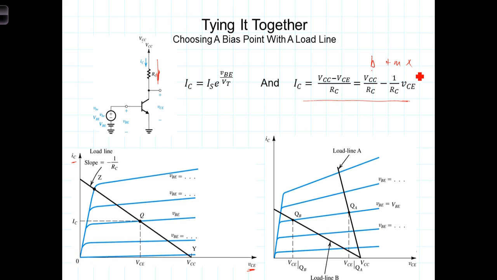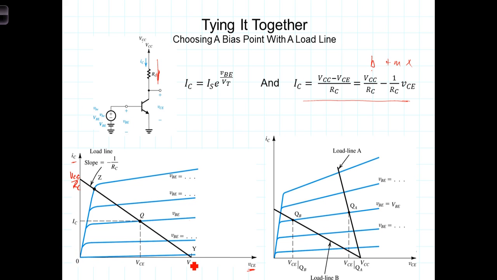So the x variable, the horizontal variable, is VCE. The slope of this line is 1 over R sub c, and of course it's negative. And then the intercept here is VCC over R sub c. And the horizontal intercept is where VCE equals VCC.